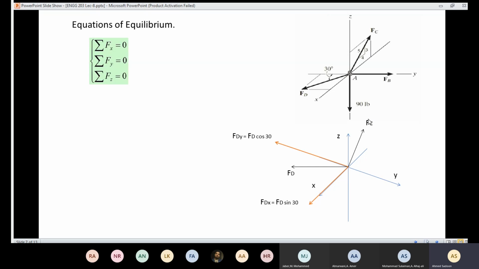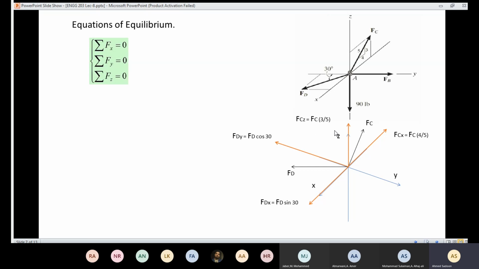Then I'm going to take the Fc, since the force here only lies in the xz plane. Then I have the proportional triangle. We'll learn how to deal with this. So I'm going to have component in x. It's going to equal Fc times 4/5.